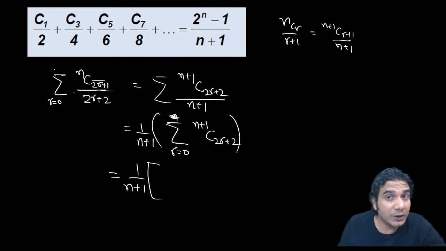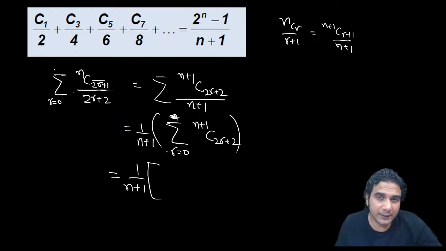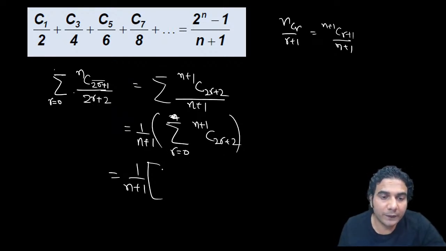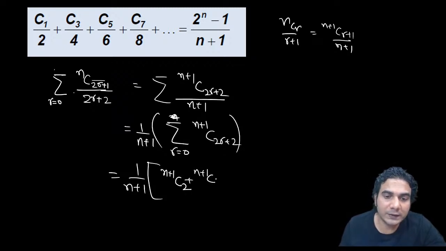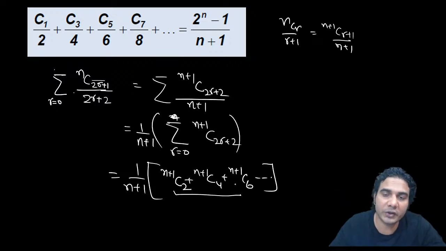Now put the values of r as 0, 1, 2, 3 so that you can see what binomial coefficients are written in this sigma. So it is n plus 1 C 2, it is starting from 2, right? Then n plus 1 C 4, then n plus 1 C 6, and so on. So you have even binomial coefficients, but one binomial coefficient is missing.